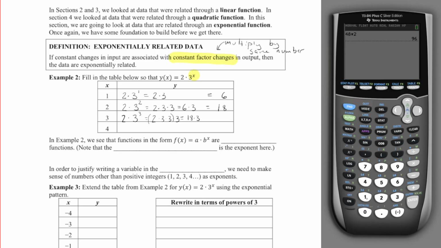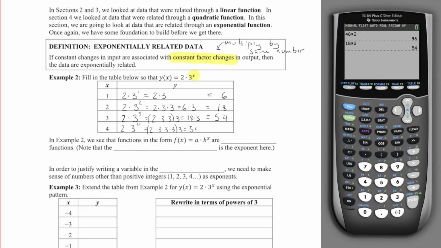And now this seems like a job for the calculator. 18 times 3 is 54. When x is 4, we have 2 times 3 to the 4th. So that's 2 times 4 copies of the number 3 now. But then this is what we worked out in the previous step.